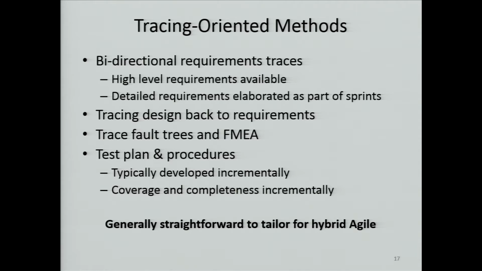Things that fit into that would be fault trees, FMEA, and the testing, particularly unit testing and subsystem testing. So we heard from Scott this morning about the testing that they're doing on SLA, and that's a perfect example of something that does take tailoring, but it's not that big a deal to develop a hybrid Agile variant that'll work.